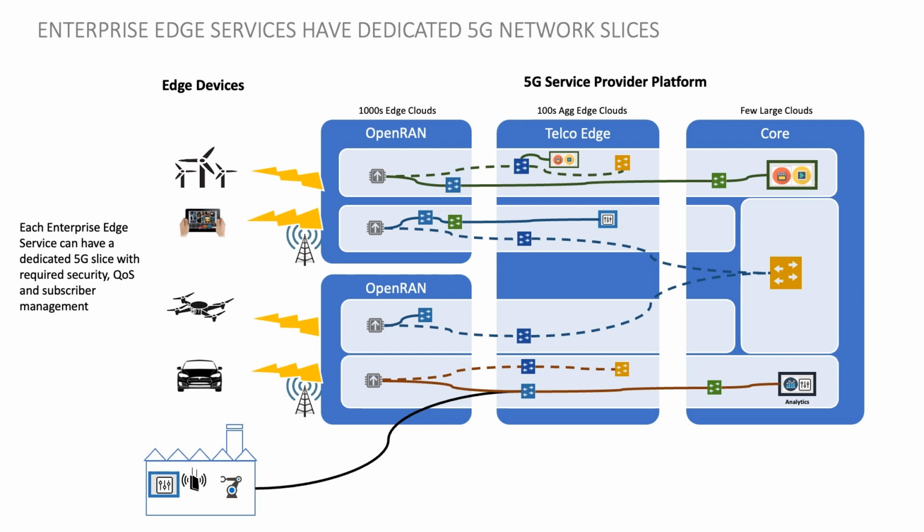So the vision is that enterprise customers can order their own slices, even order that they want to deploy IT applications into a network, and change that over time as they see fit. It's a very dynamic vision for how enterprises can engage with their own slice and their own requirements.